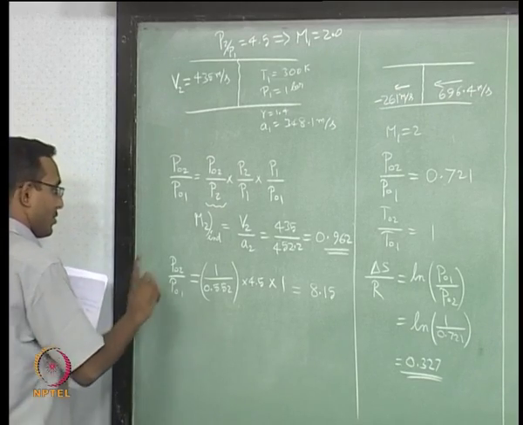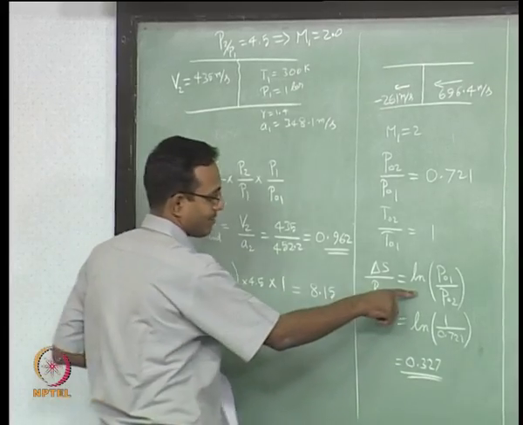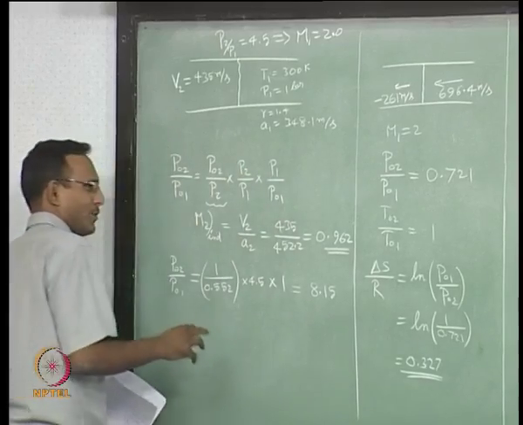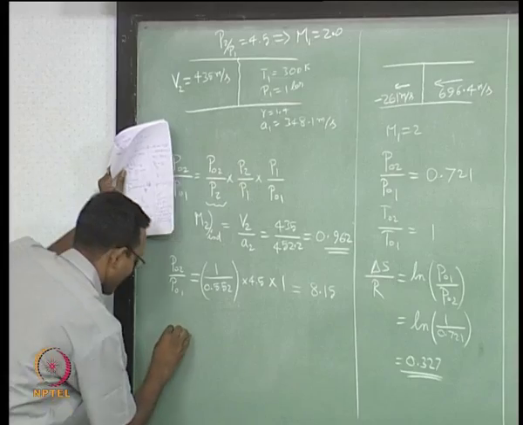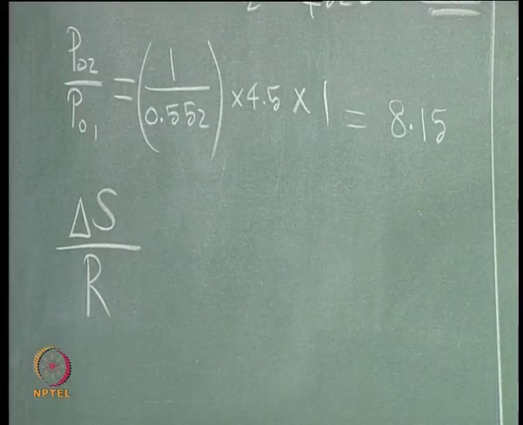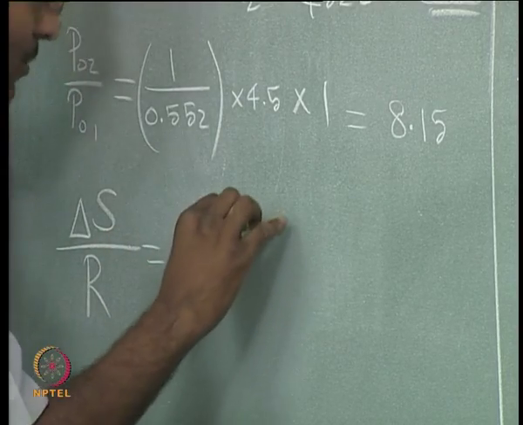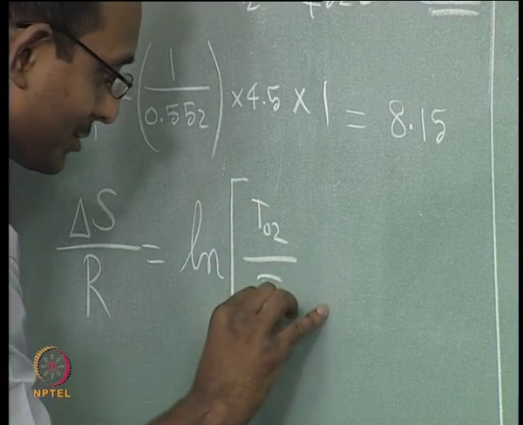Remember this, it is not yet done. If I go and calculate delta S by R based on this formula, it will be wrong. You have to use the appropriate formula. I told this that time also. We will go and use the correct formula later. The correct formula, we were deriving this some time back when we wanted to find delta S by R, and then we simplified it one step. I am taking one step back in that.